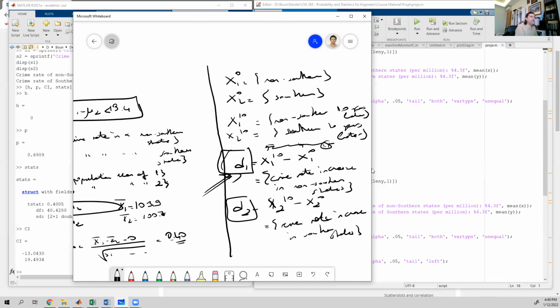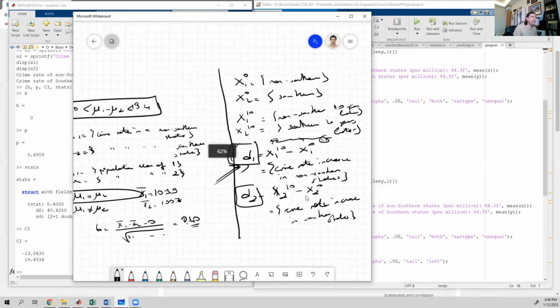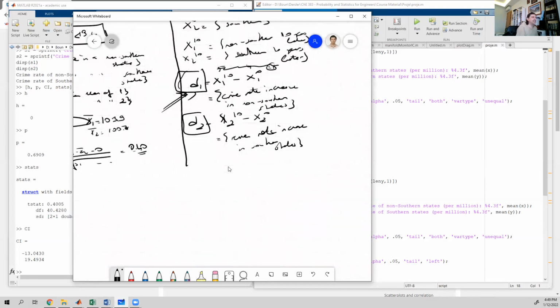So I'm going to find those two statistics. Then what I'm going to do is a little bit interesting. I'm going to define population parameters here.